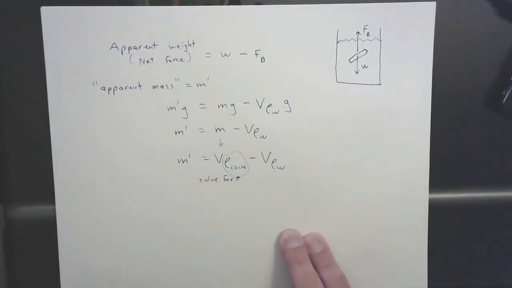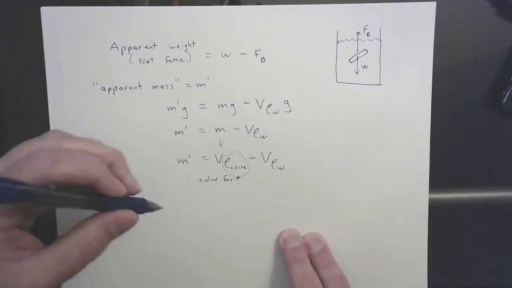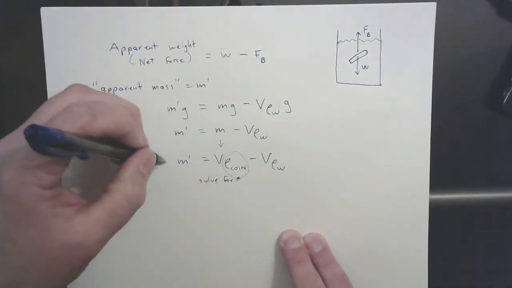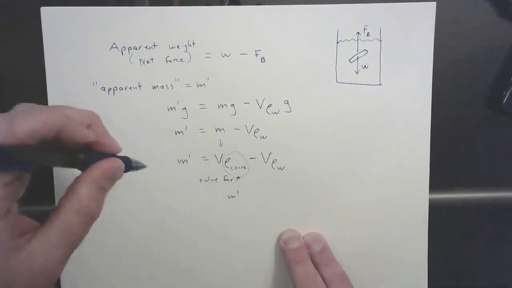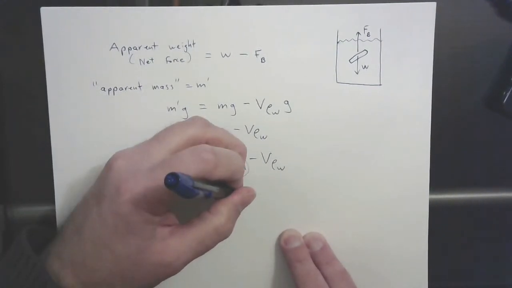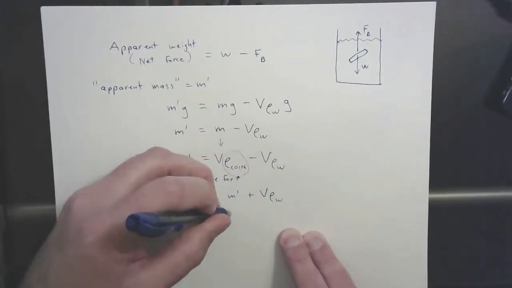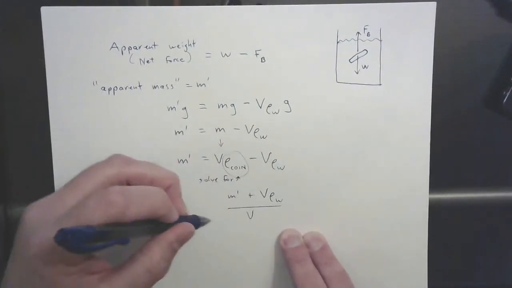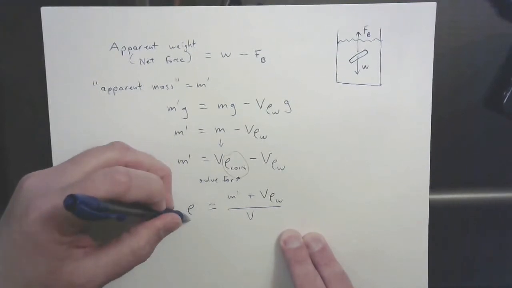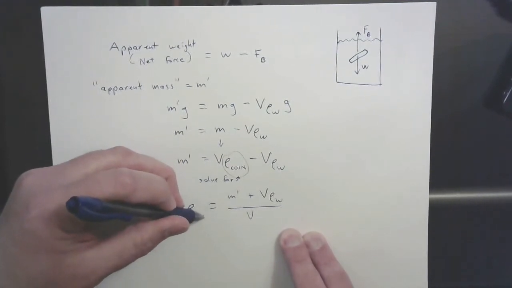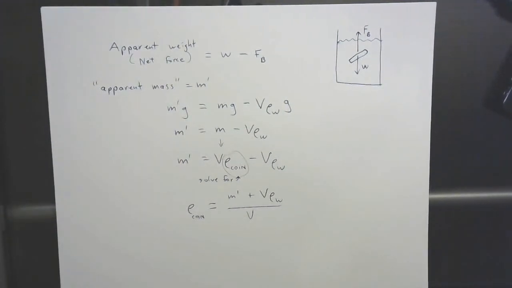So we add to both sides. So we have an apparent mass plus the volume times the density of water. Then we divide by V, and that's equal to the density of the coin, which is usually the result that you want.